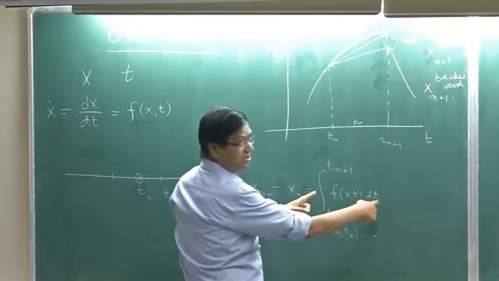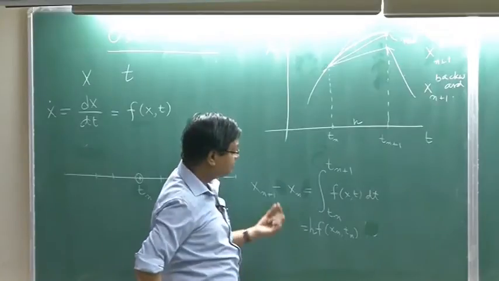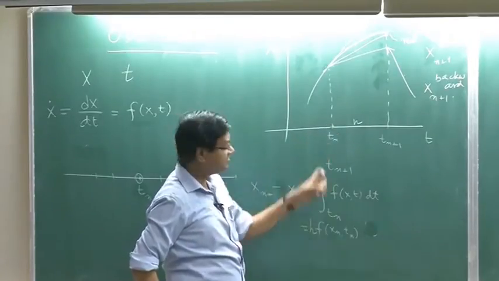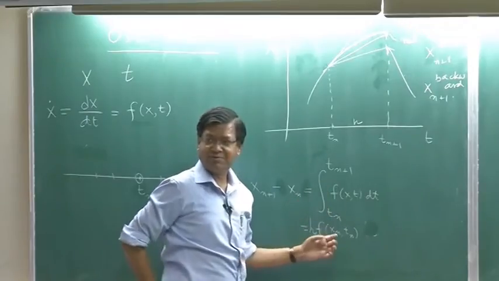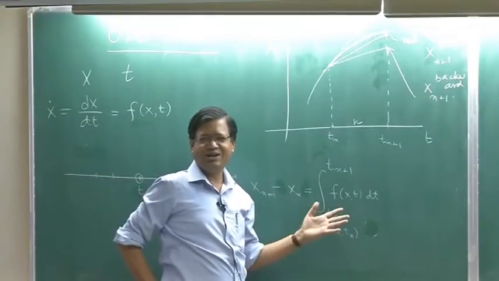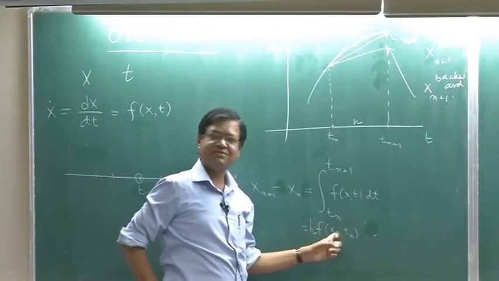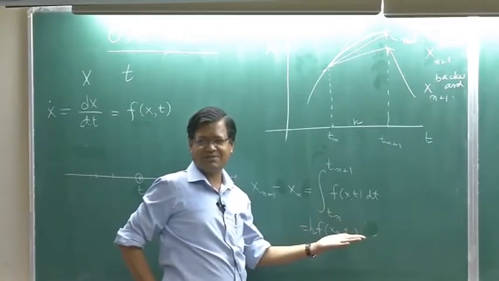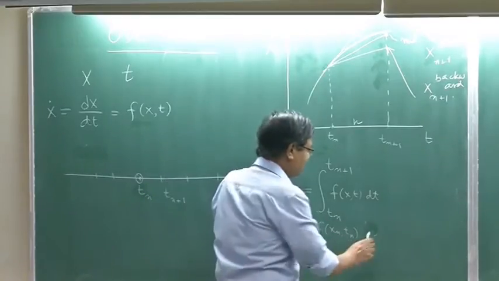This is the estimate of the integral using the value of f at this point. Since it depends on x_n as well, that is a problem. If it depended only on time, no problem, but it depends on x, and I don't know the future x. That's my issue. So this is the forward scheme.